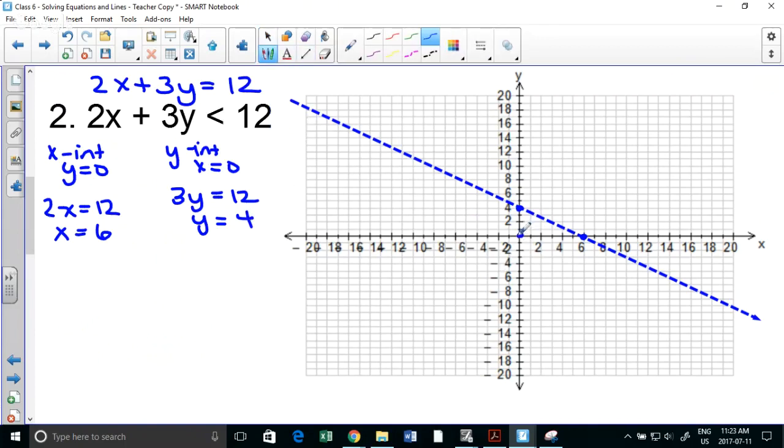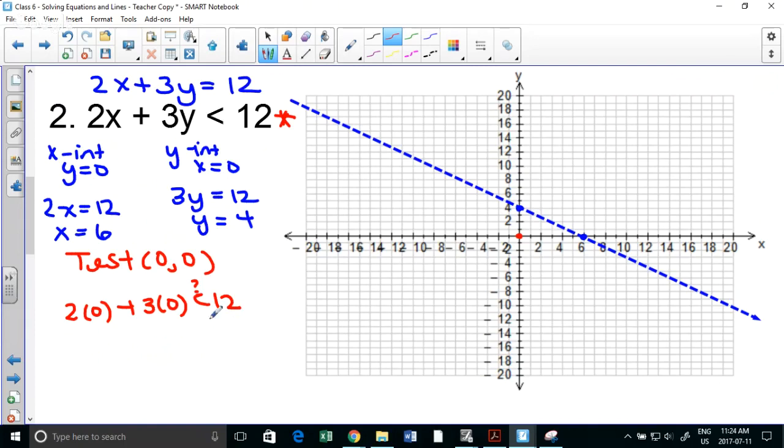0, 0 does not fall on my line, so I'm going to test it. Test 0, 0. I'm plugging it into this. So I'm saying, is 2 times 0 plus 3 times 0 less than 12?